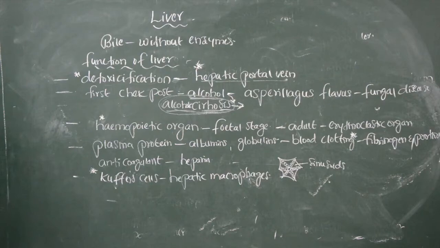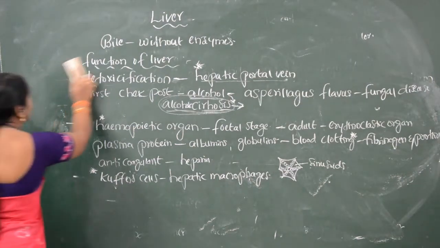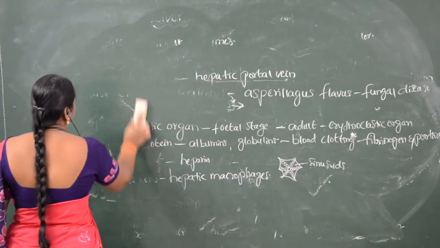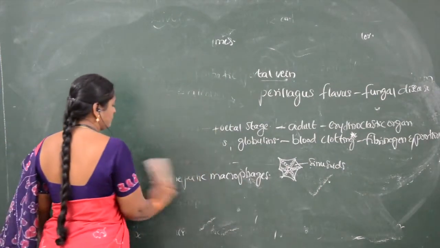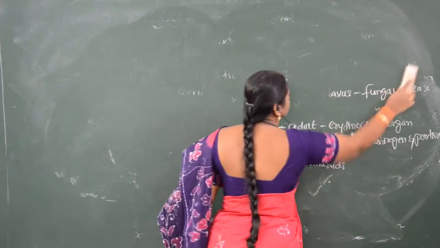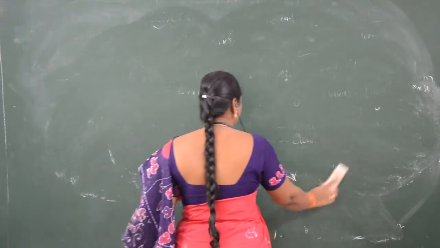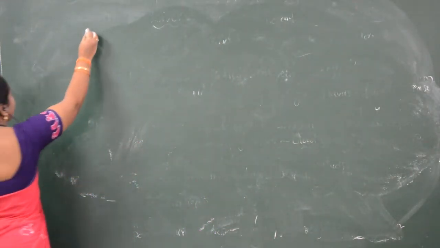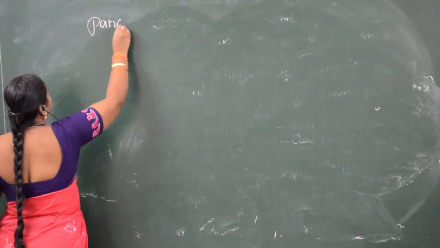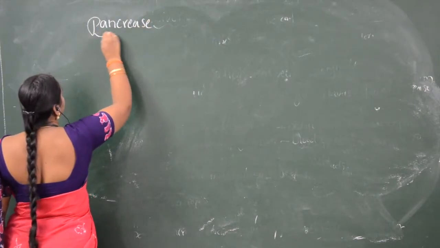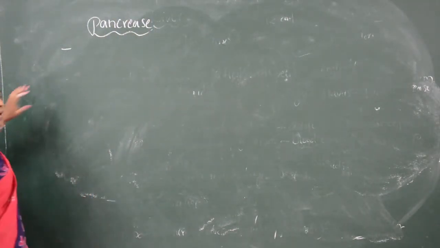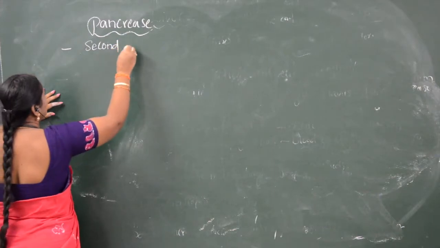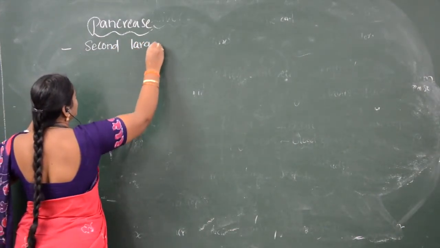So the next part is the pancreas. Pancreas is the second largest gland in the body.